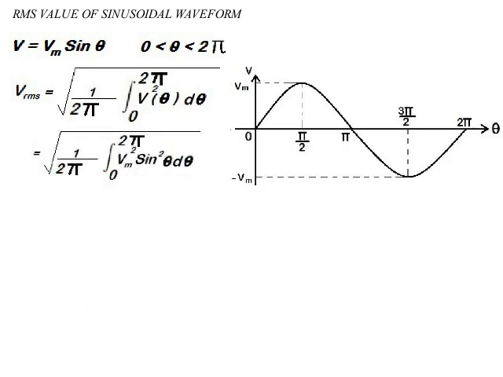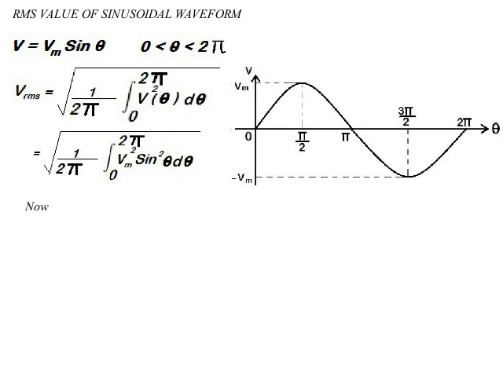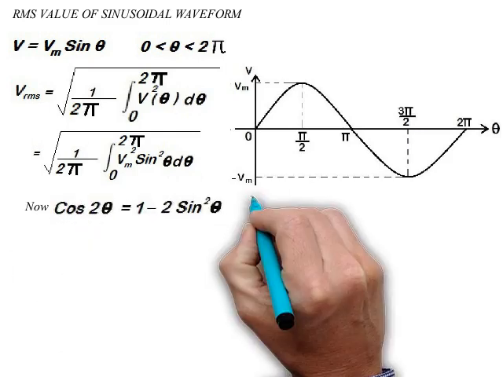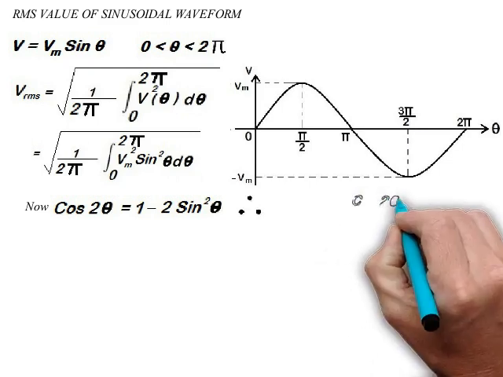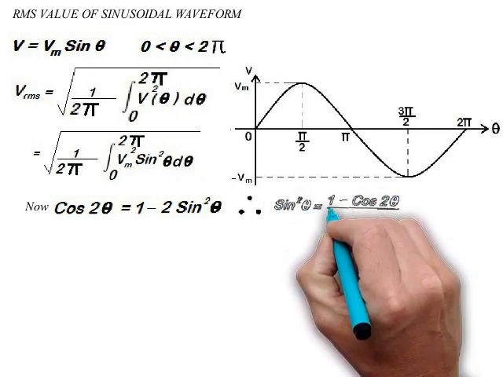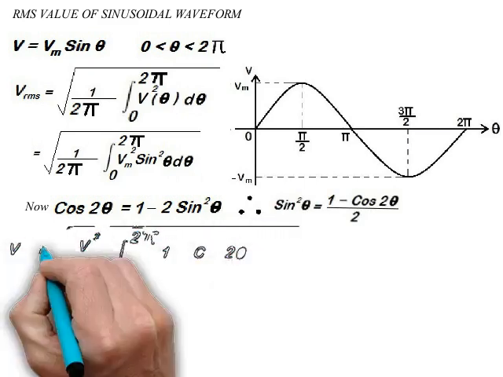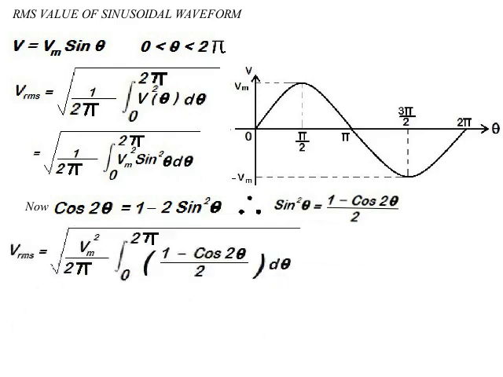Now cos 2 theta is equal to 1 minus 2 sin square theta. So therefore sin square theta is equal to (1 minus cos 2 theta) by 2. We will put this value in the RMS value. So it is equal to root of Vm square by 2 pi integration of 0 to 2 pi (1 minus cos 2 theta) by 2 d theta.